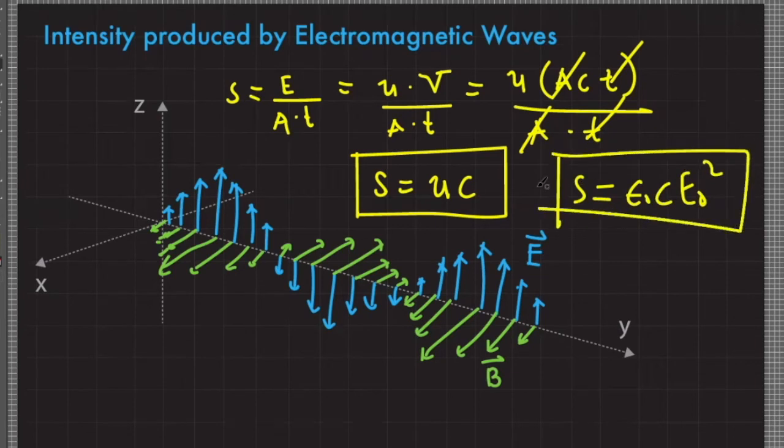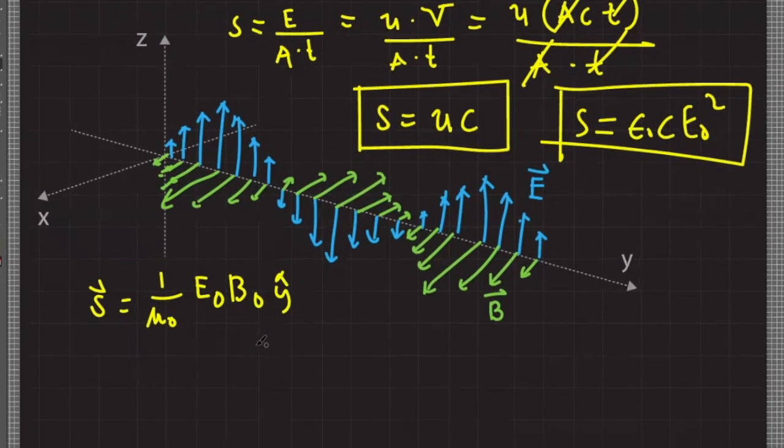Now recall from previous discussion that S takes this form, 1 over mu naught, and this can be E sub 0 times B sub 0 in the y hat direction. But let me just write the amplitude as E sub 0 and B sub 0. Now, if I'd like to get the magnitude of this vector, then I'll just have to do this: S dotted to the S hat, then take the square root.